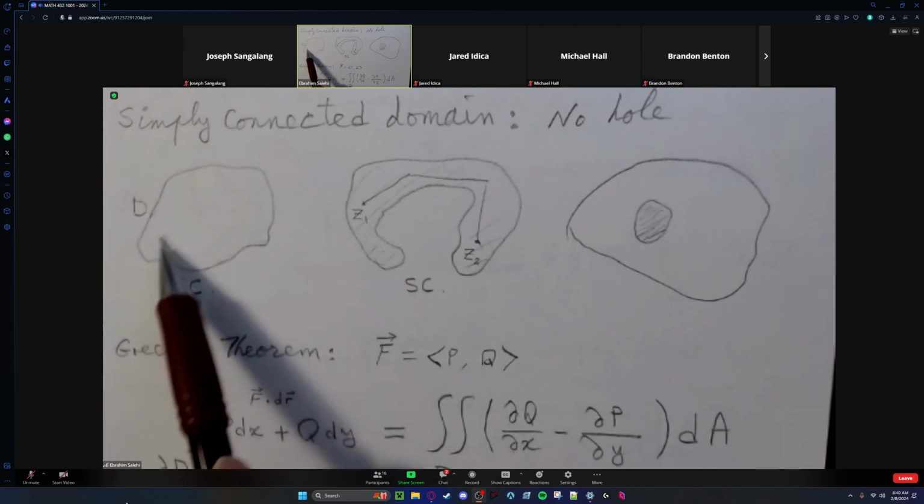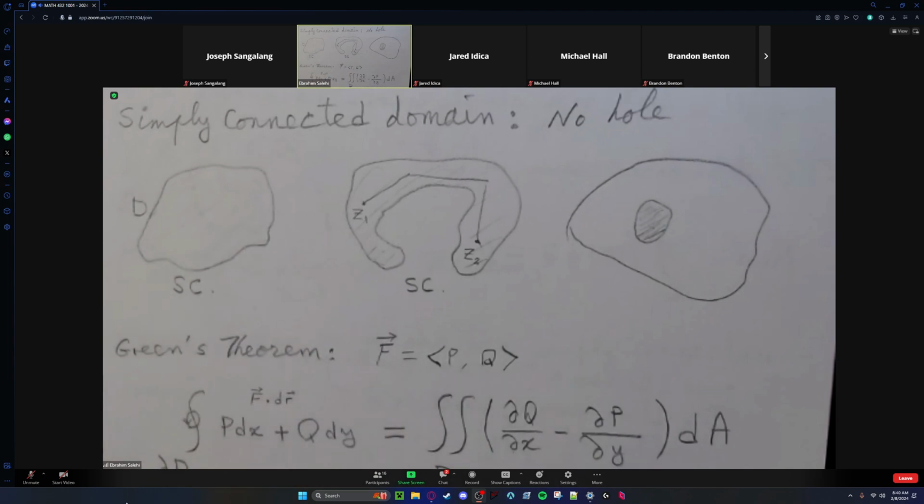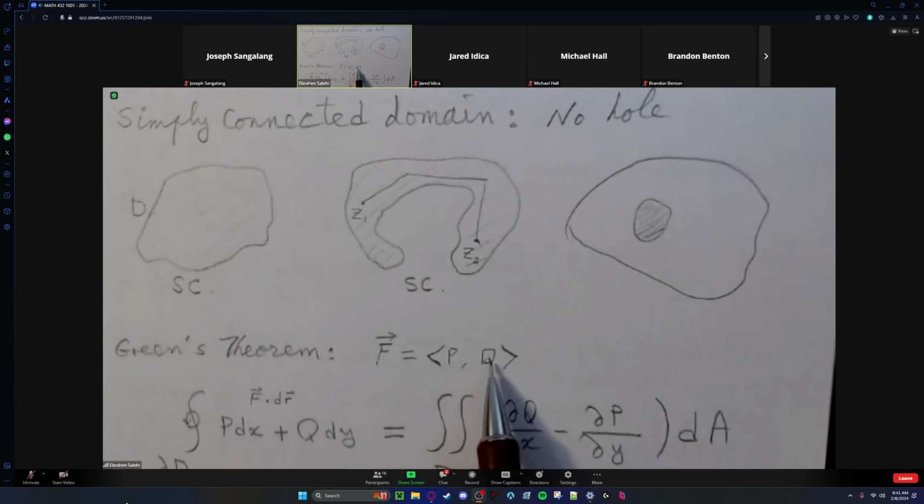So double integration over this D. Of course, it will be partial of Q with respect to X minus partial of P with respect to Y. And then this is the element of area, which is either dx dy or dy dx. This is Green's theorem, all right? Now, the nice thing about Green's theorem is if the vector field here is conservative, and the vector field being conservative means partial of Q with respect to X is the same as partial of P with respect to Y, this will be 0.